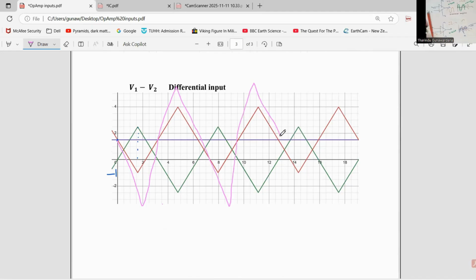This graph is multiplied by some positive number like this. This is the output. We can get this output by stretching this differential input by some number. This is the amplified signal of the differential input.